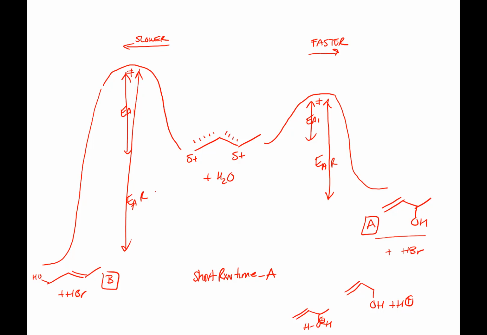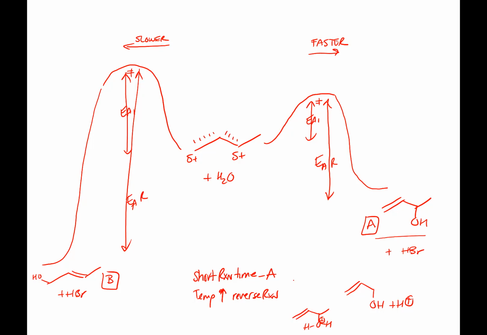So what happens when I raise the temperature? When I raise the temperature, I now can make the reverse reaction occur more. So when the temperature goes up, I get more reverse reaction.